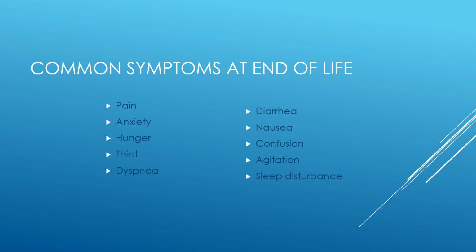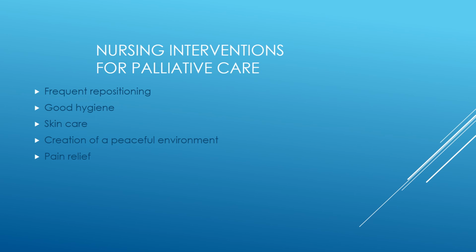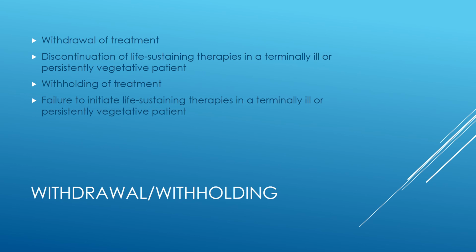Common symptoms at end of life: pain, anxiety, hunger, thirst, nausea, diarrhea, confusion, agitation, just to name a few. Nursing interventions for palliative care: frequent repositioning, good hygiene, skin care, creation of a peaceful environment, and pain relief. Withdrawing or withholding treatment.